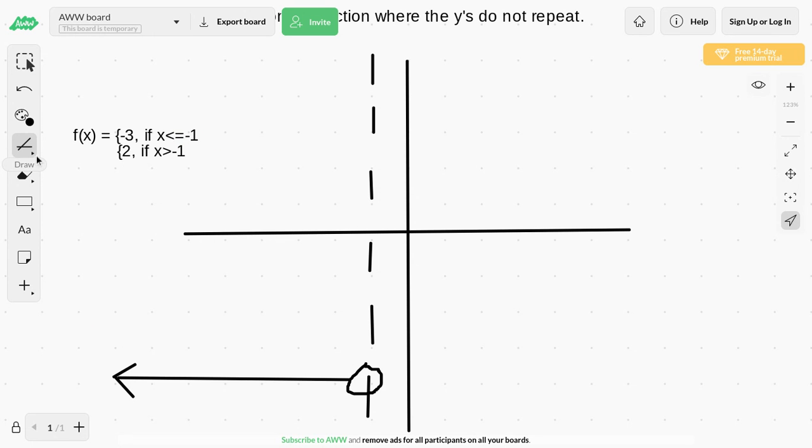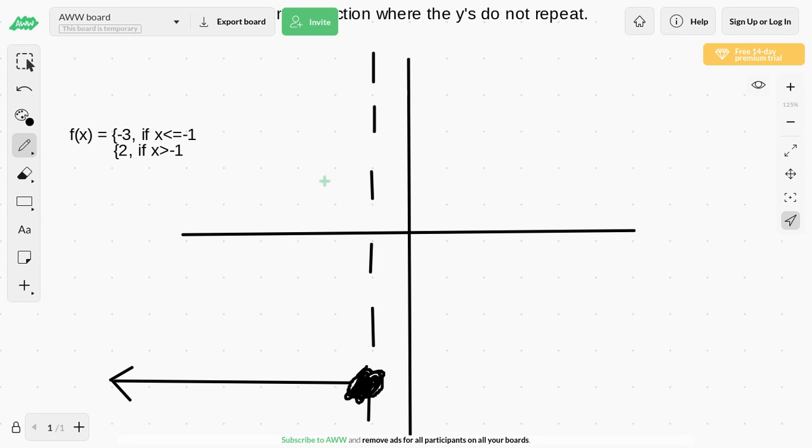But there's one thing to note, and that is that it's smaller than or equal to -1, so this should be a closed circle. Closed circle, like that. And so it only goes to the left because it's smaller than. So let's draw this next one at 2. So you have a point here, and it's bigger than -1, so it goes this direction.